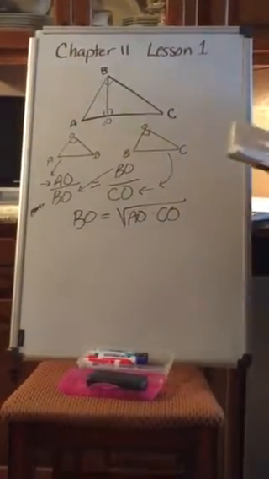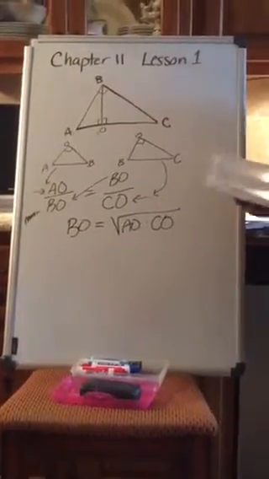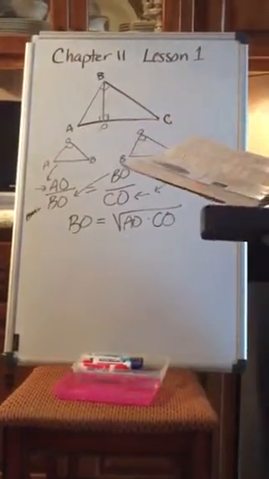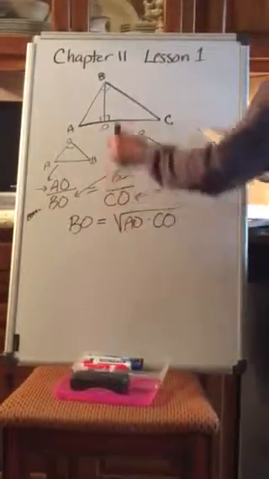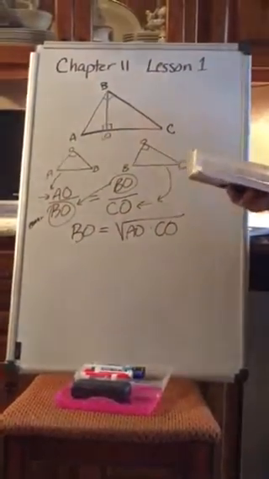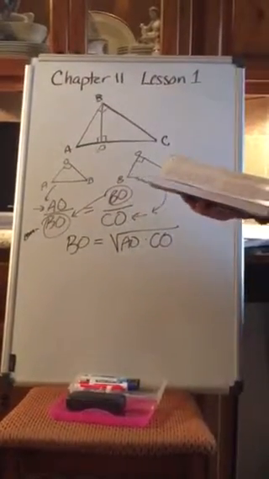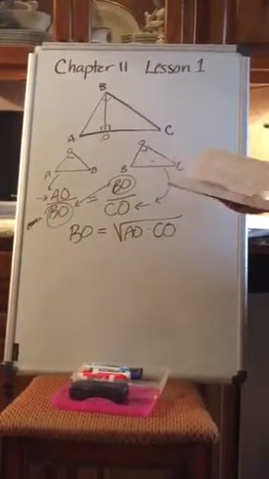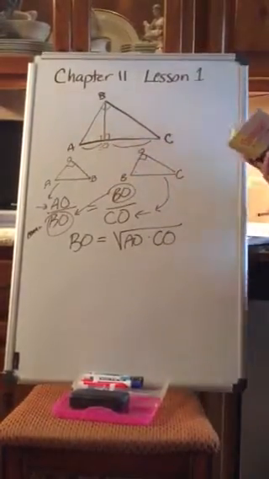Now, we can also draw some more conclusions. Look at Corollary 1 to Theorem 49 in the middle of page 429. It says the altitude to the hypotenuse, OB, is your geometric mean. So the altitude of a right triangle is the geometric mean between the segments into which it divides the hypotenuse, AO and OC.